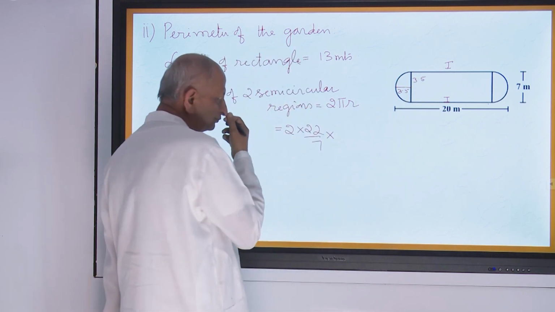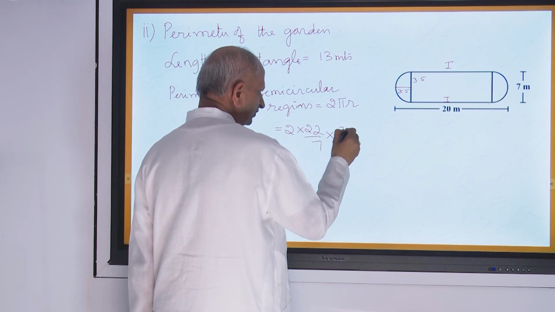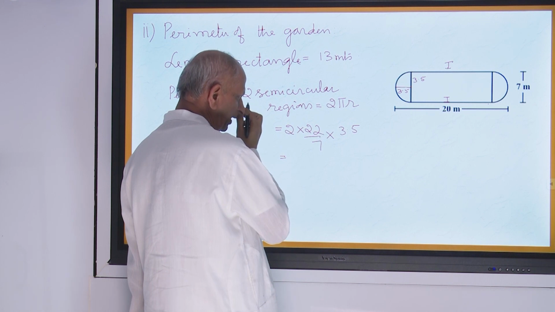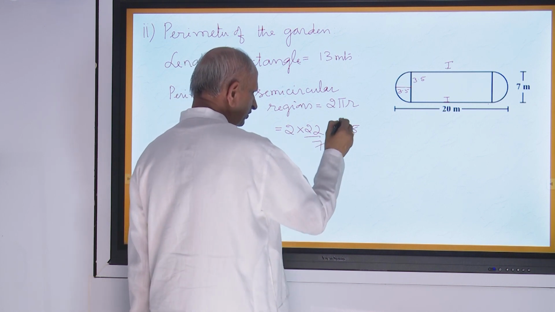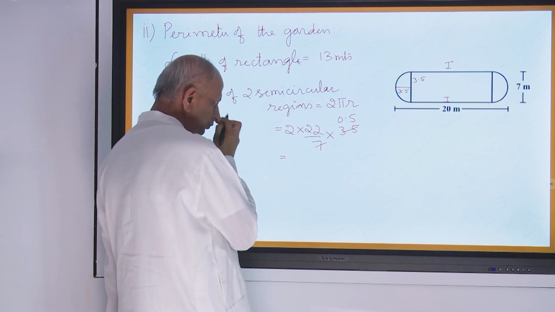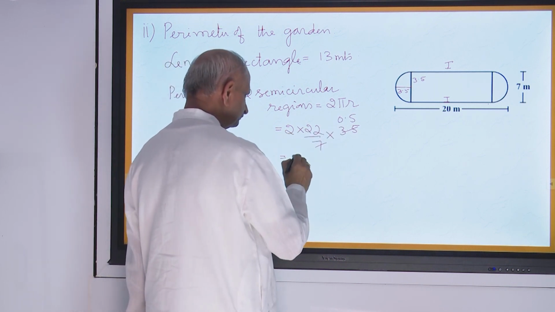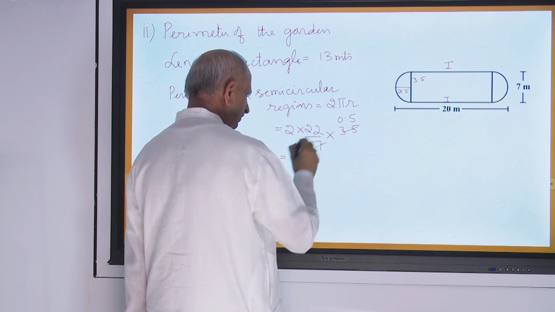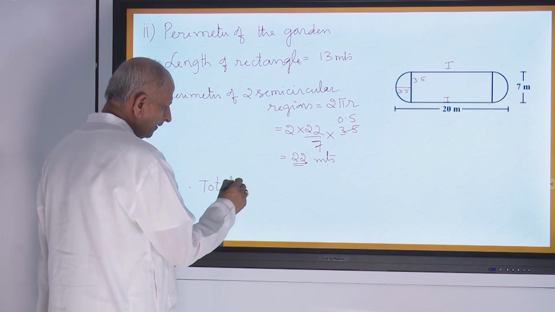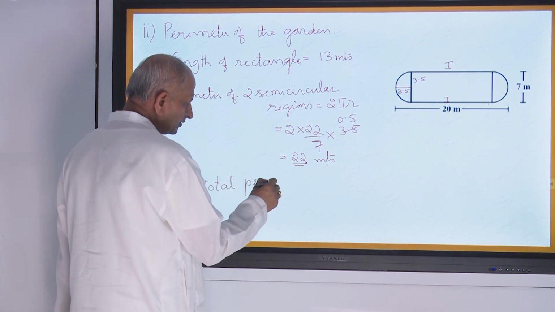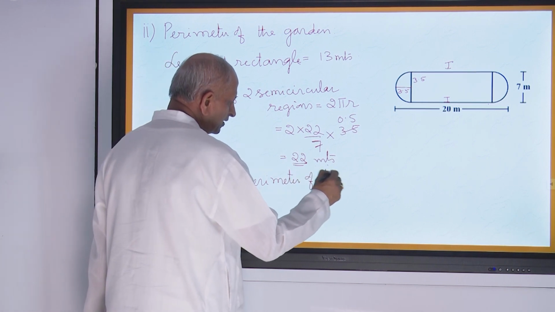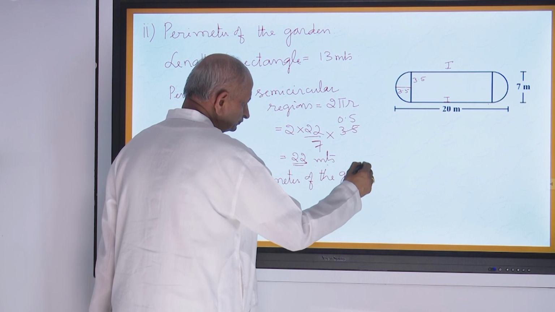So 2 into pi into r, 3.5. So that will be equal to 7 ones are 7, 5s are 11 into 44 into 5. This is 11 into 2, that is 22. Total perimeter of the garden.